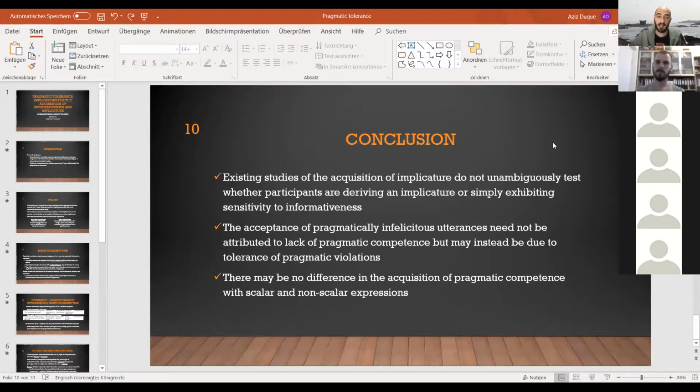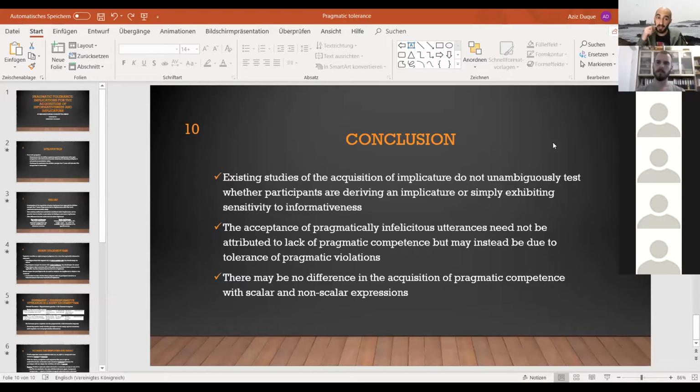So they would be sensitive to sentences that are not optimally true, and their trick was to use this intermediate reward, right? So by that they conclude that if you make your task more felicitous, then you're actually going to find that children do derive scalar implicatures.